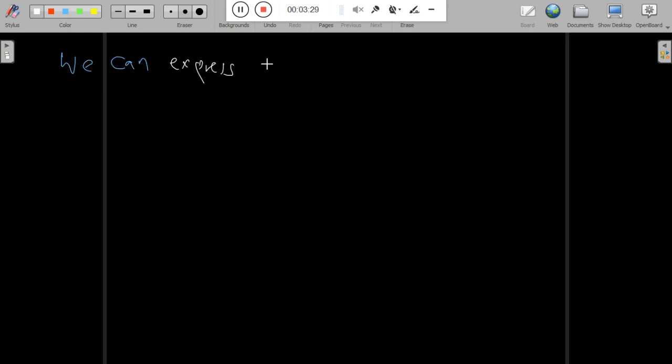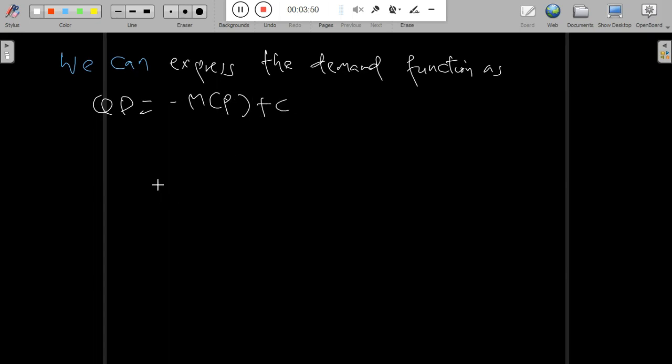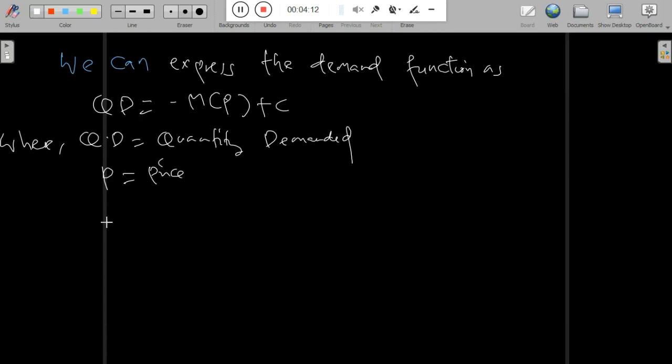For the mathematical formula of an equation, that is y equals mx plus c, we may demonstrate the demand function in the given order. So when we express the demand function in the form of the equation y equals mx plus c, m represents the slope and c represents the constant, whereby y represents the function of x.